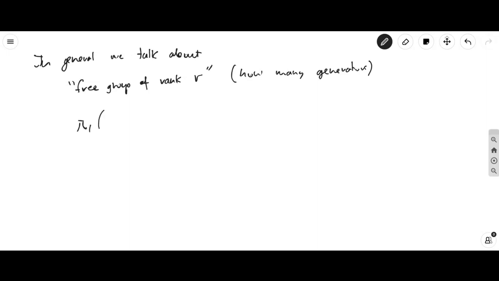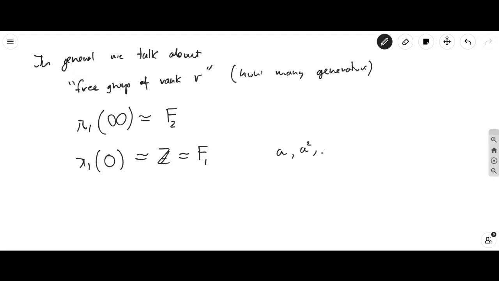So the fundamental group of the figure 8, this is isomorphic to, again, it does not really matter what base point you use, but this is isomorphic to a free group of rank 2. There's 2 generators. Now, the fundamental group of the circle, that is isomorphic to the integers, but the integers is actually a free group of rank 1, because if A denotes the loop that goes around 1 time, then you have A squared, that means traveling around twice, and so on.